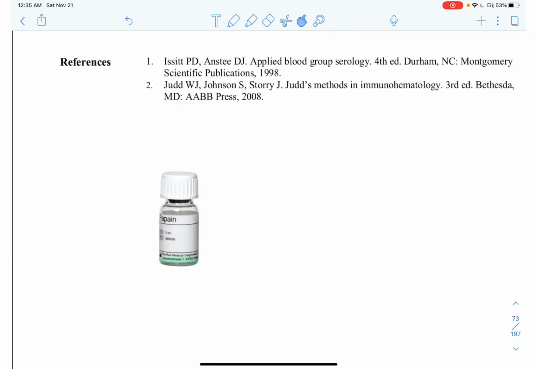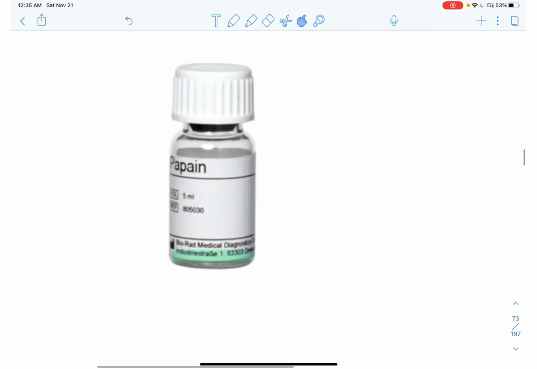I've added a picture here of papain just because I sense that a lot of people haven't really seen this reagent because it's primarily used in the reference lab. So we actually get bottles of these from a manufacturer. Typically it's Immucor, but it can vary. This one is from Biorad. So the bottles come in a sleeve and there's 10 of them.